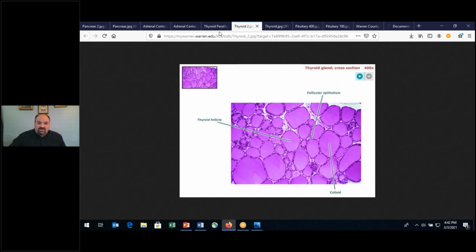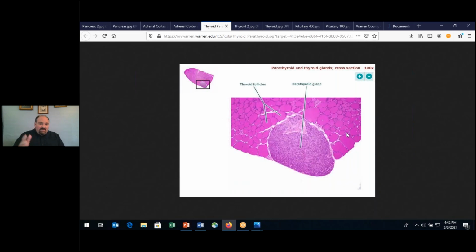So thyroid tissue is very unique in its appearance. So when you see an image like this, or an image that would be magnified more, and you see thyroid tissue, and then you see this other adjacent tissue, well, what else would it be except parathyroid gland?